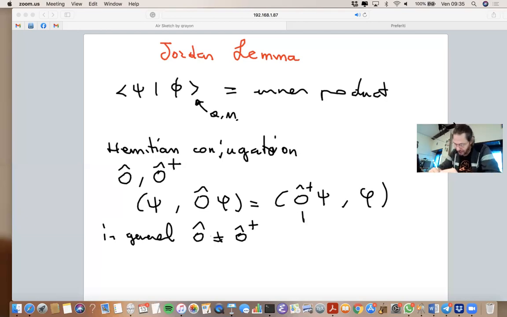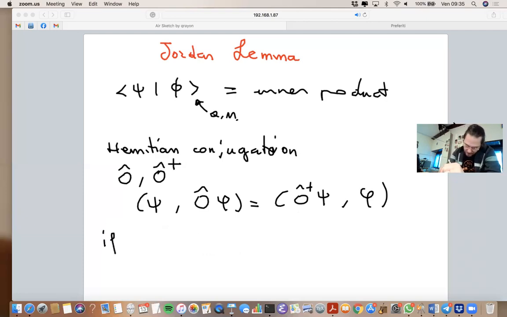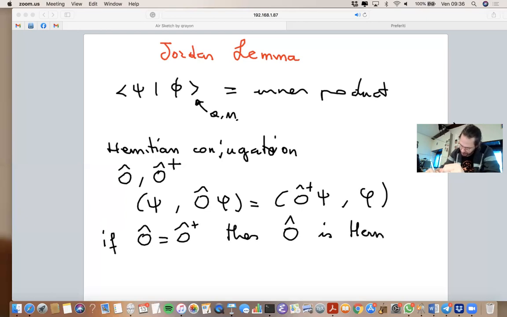So this is a definition. In general, these two operators are not the same operator. But if they happen to be the same operator, then O is Hermitian. Okay, that's the property.